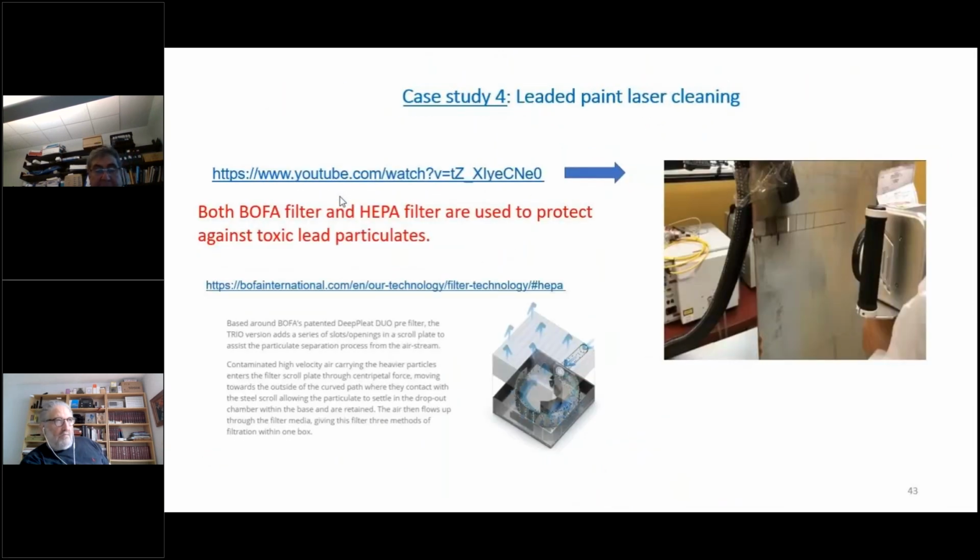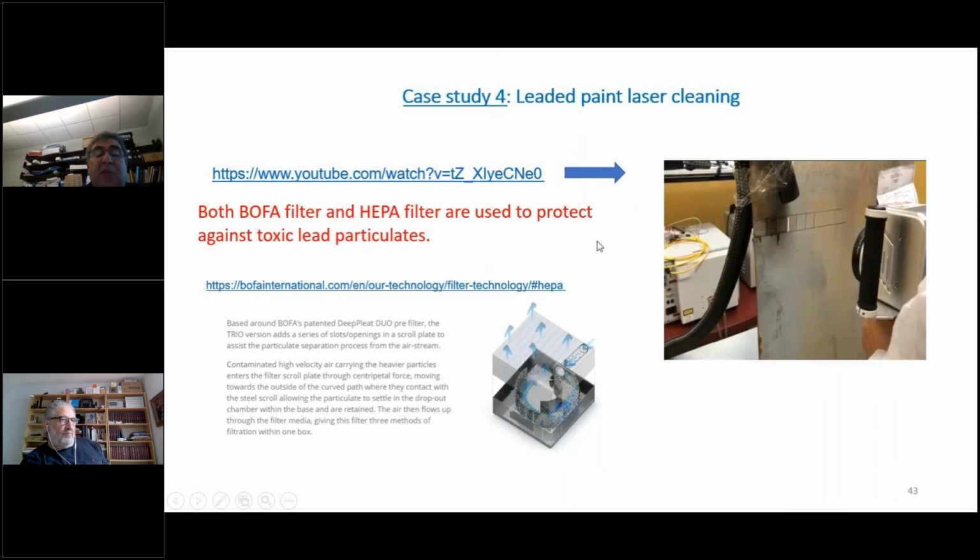Okay. Some other case studies, not going into detail due to shortage of time. For leaded paint laser cleaning, you have to be very careful about lead because it's very bad for the health.